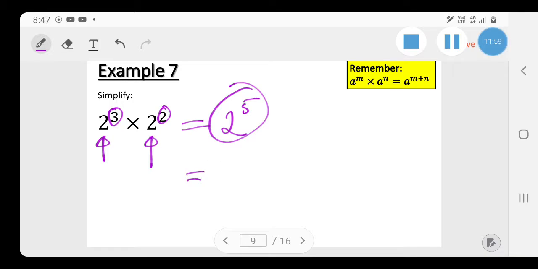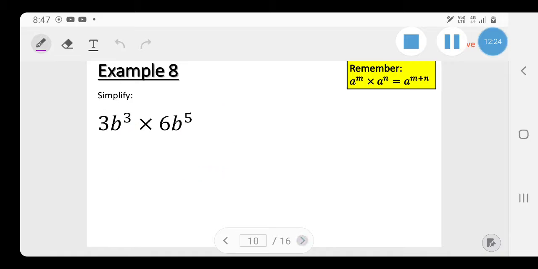That's 2 times 2 times 2 times 2 times 2, which is 32. So when it's numbers, you have the ability to actually take that one step further. And if you think about another way that we could get to 32, well, 2 cubed is 8, 2 squared is 4, 8 times 4 also equals 32. So it all comes full circle.